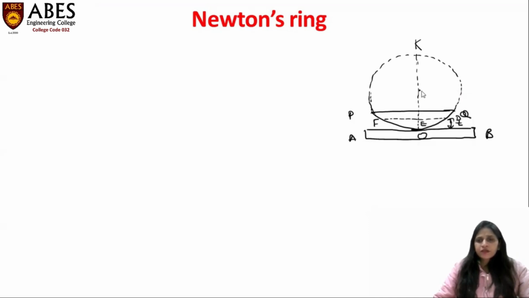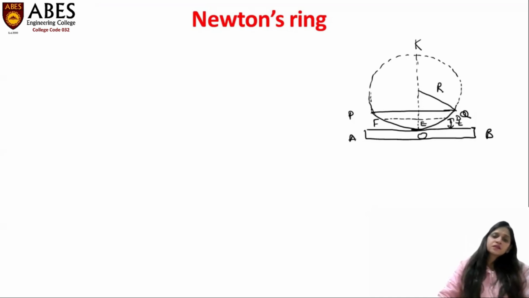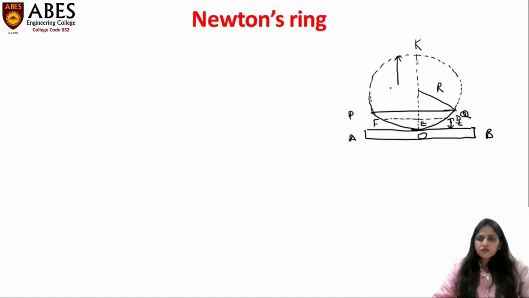So from here we can draw the radius of curvature R of the lens that has been cut from the whole sphere, right? And we can also see that this is T, right? So if this is T, then what is the value from here to here? Very right. Now this is R, this is also R, so this is 2R. And this is T. The value over here is 2R minus T.